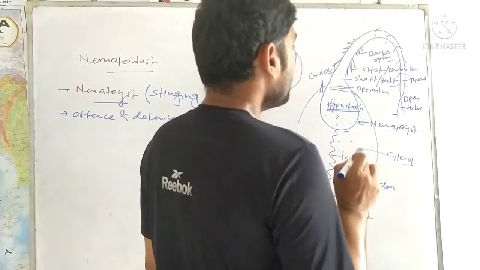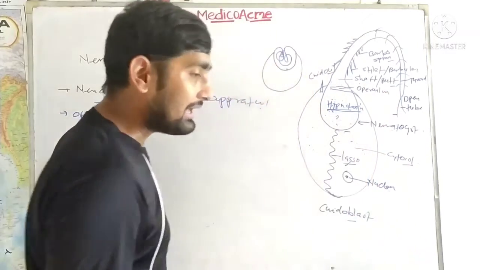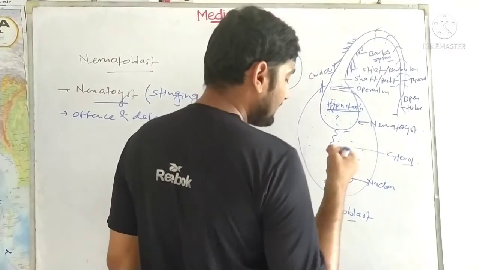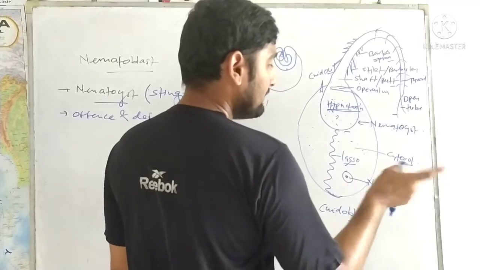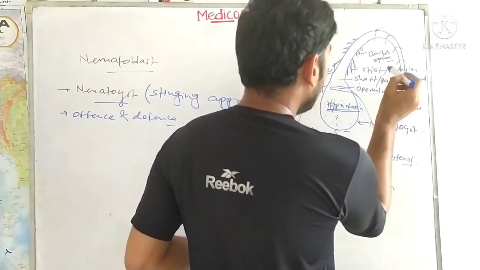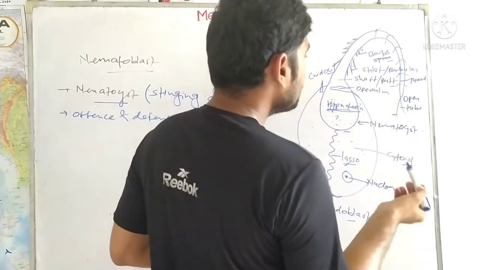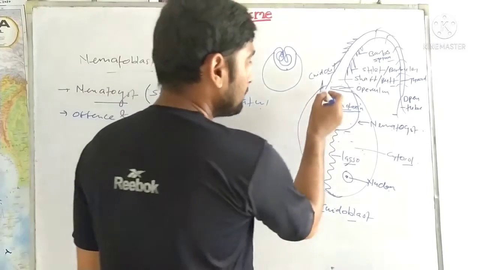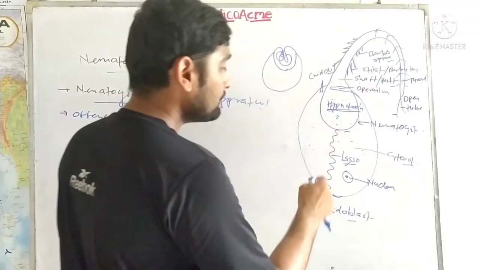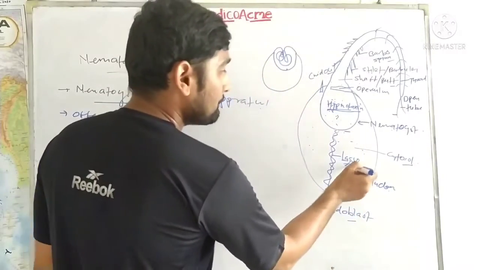So the main important thing to remember is the lasso, which is asked many times in the examination, that the nematocyst is anchored with the nidoblast with the help of, they will give options like lasso, operculum, butt and stylet, or nidocele. So you have to choose the lasso. Lasso is the string-like structure. Please remember it. This becomes a very important question.